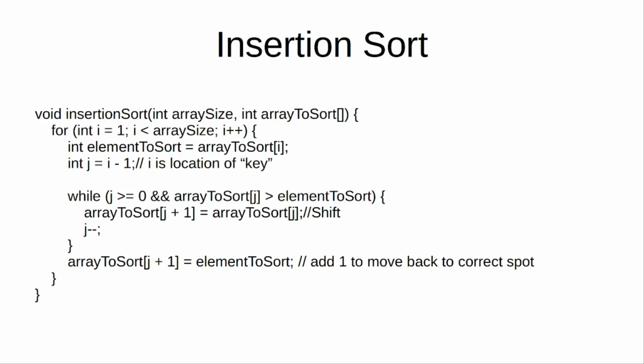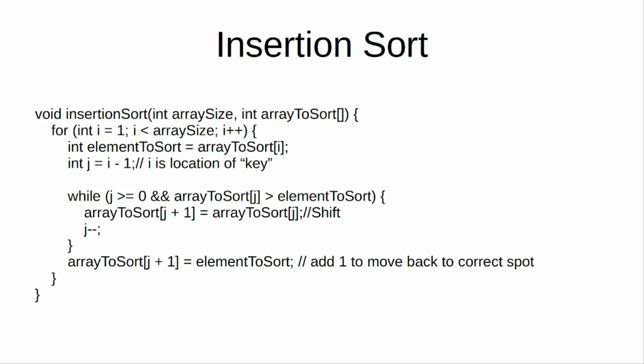Where selection sort is making a swap, insertion sort is pushing things and then putting it in the right place. Selection sort always scans the entire unsorted region to find the smallest element, and insertion sort only scans as far back as needed to find the point that we need to insert.